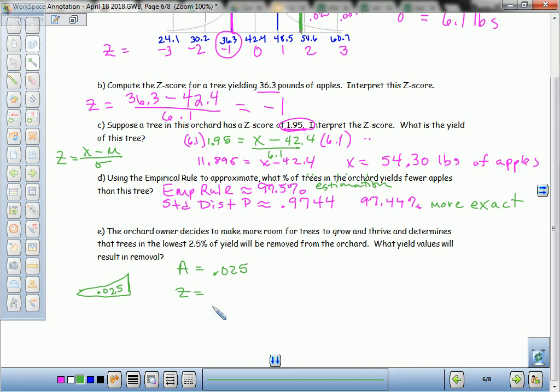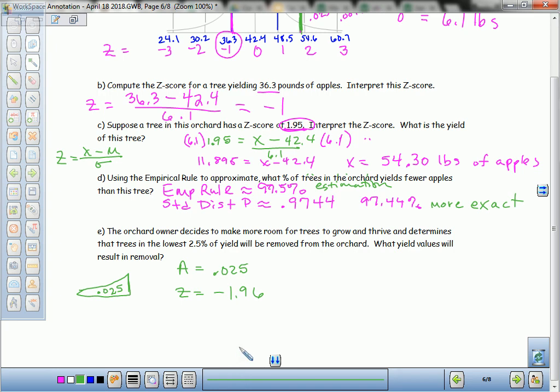All right, so let's find the negative side. Oh, this is exact on here, isn't it? That's so nice. Did you get negative 1.96? Yes, negative 1.96. All right, that's our z-score.